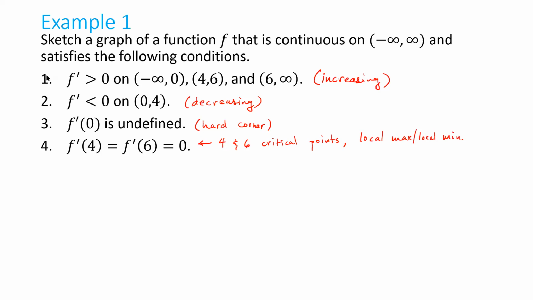So let's put all the pieces together. We have f prime is positive, so f is increasing. The original function is increasing on these intervals. F prime is negative on (0, 4), so that's where it's decreasing on that interval. F prime of 0 is undefined, so there's going to be a hard corner there.